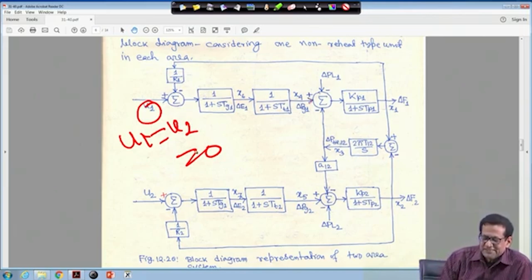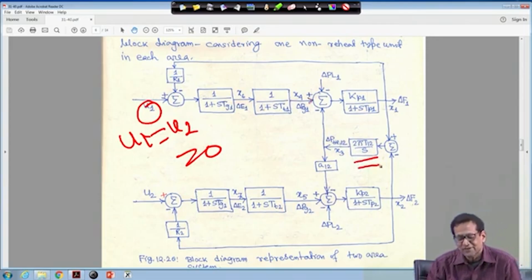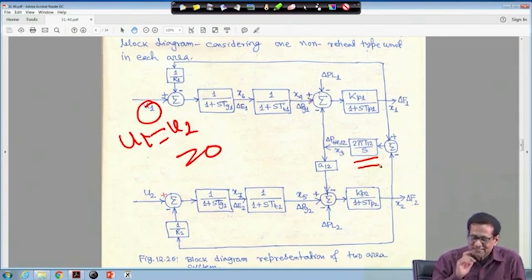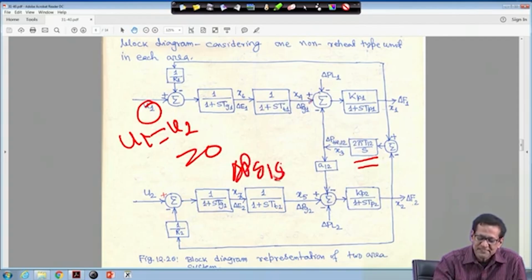And the second thing is, I told you one technique of putting t tends to infinity, s tends to 0, but here you cannot do it, right. But in general, for the steady state error, delta Pg1 steady state is equal to minus delta F1 steady state divided by R1.